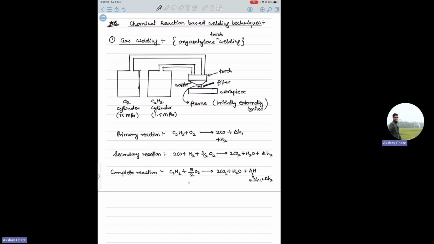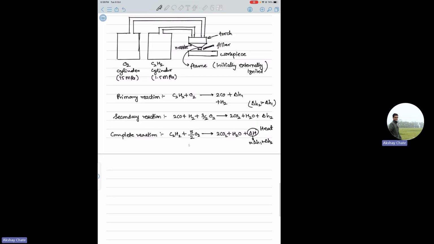This is the heat you get out of this combustion reaction, and that is what is used to melt the filler. One thing here is that delta H2 is typically higher than delta H1. This is the observation, and we will see more about that later.